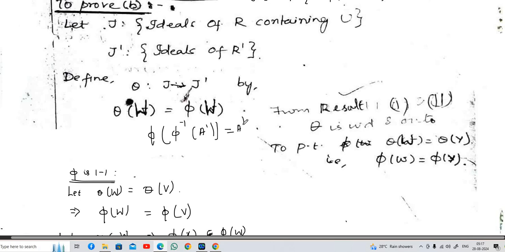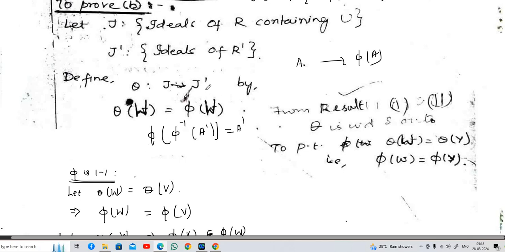So this is considered here for onto, and for well defined: we proved in the first result that whenever A is an ideal, phi of A is an ideal. So given any ideal, you can associate with that an ideal in R prime. That is by the first result we just established. So well-definedness comes from that first part.